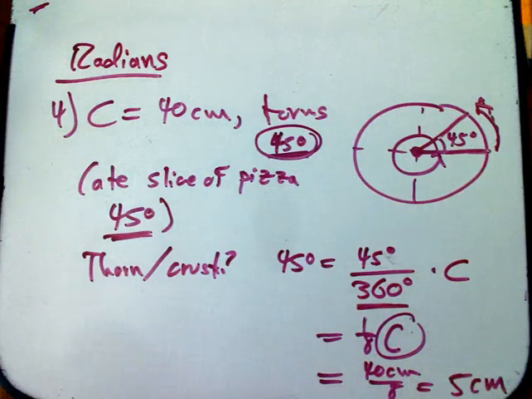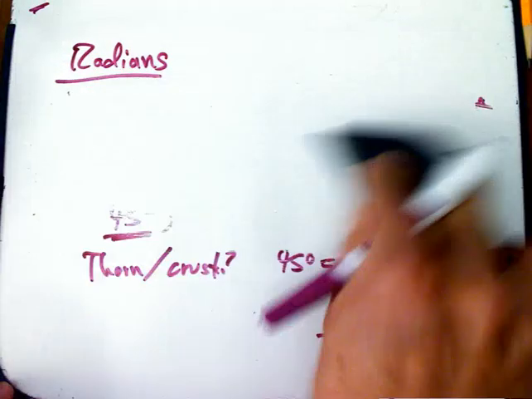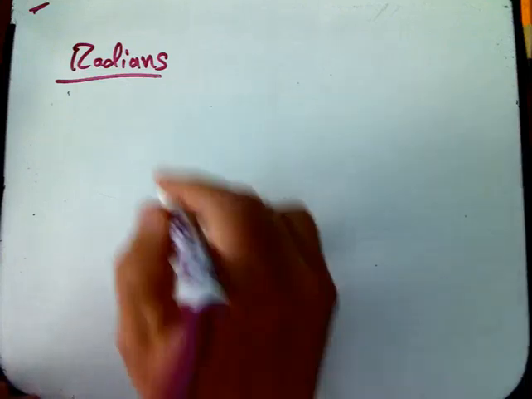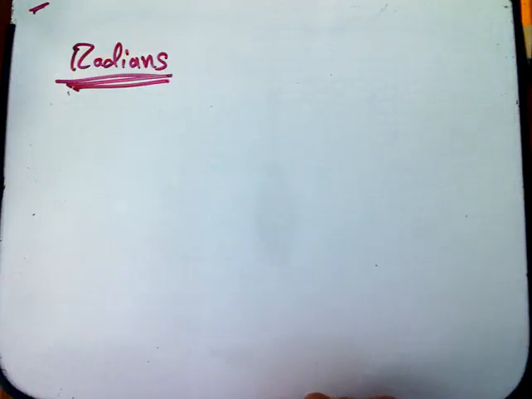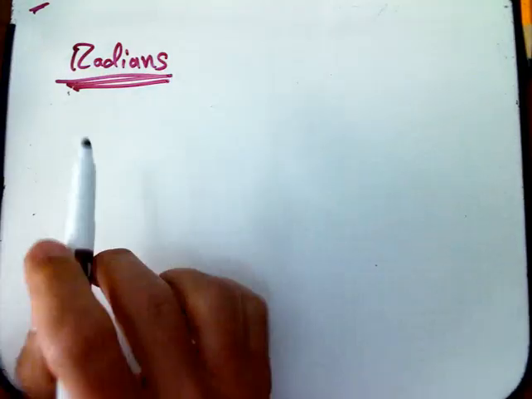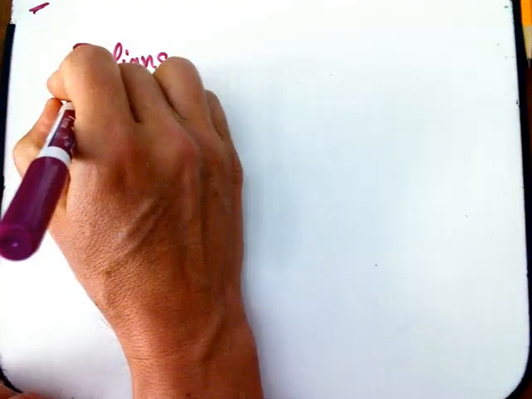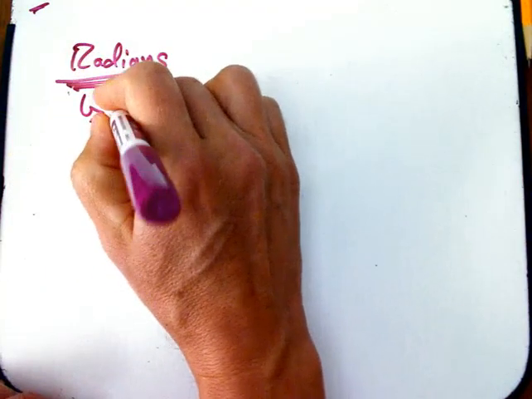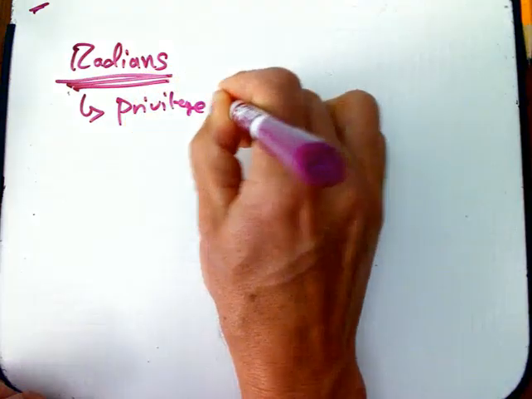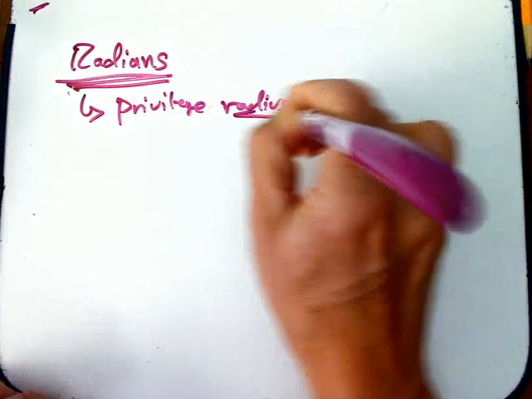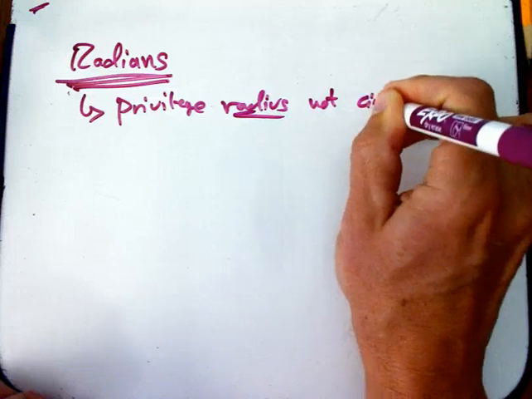Okay, that could plausibly be the way that mathematicians prefer to work, but it's not quite. And the only difference between that and radians, basically, that's the start of an introduction to the study of radians, is that you do the same thing, but you give a privileged role to the radius of the circle instead of the circumference.